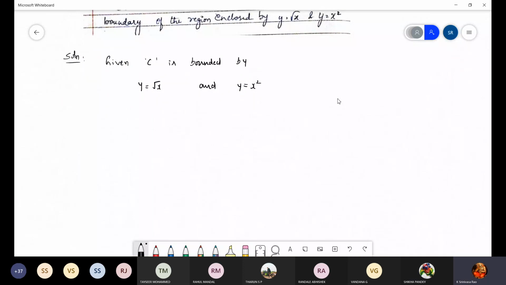It is a parabola. Y equals root x means we have the standard y square is equal to 4ax and x square is equal to 4ay. There is no square root at all, so just square on both sides. You will get y square is equal to x, and y is equal to x square. There is no doubt in the second curve. So y square is equal to x, nothing but x is equal to y square.